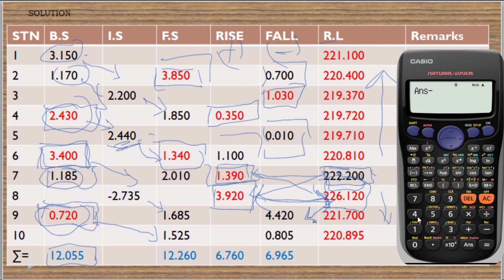Again we subtract where we have a fall, and we get the reduced level here. So that reduced level subtracted with the fall, a negative, you'll get the last reduced level here. So make sure you remember that.